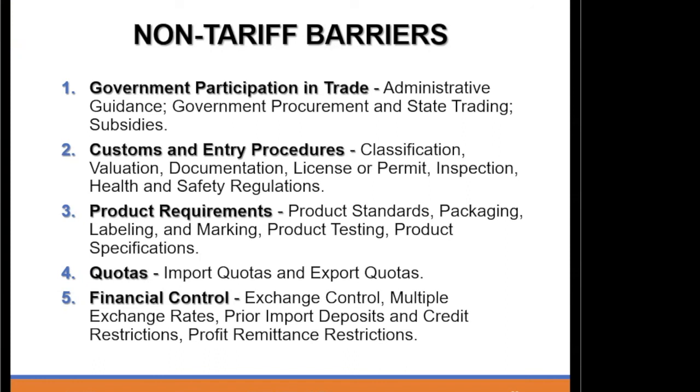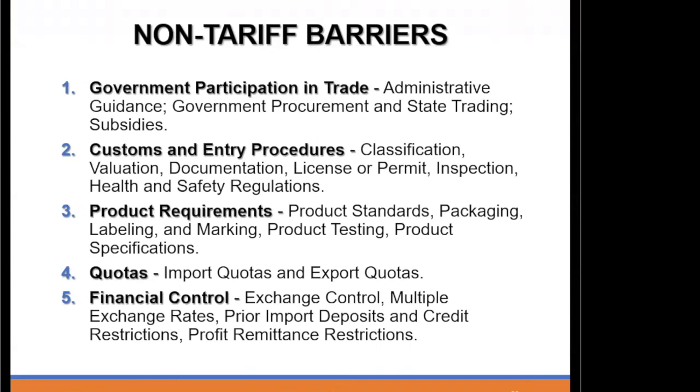Another thing we can talk about is customs and entry procedures. And here we see it all the time at our ports. The way the documents are classified, the way items are valued, the goalpost always keeps changing depending on who is importing and what they are importing, the documentation, the licensing and permits, the inspections, the regulations, they keep changing depending on where the item is coming from, who is importing it, among others.